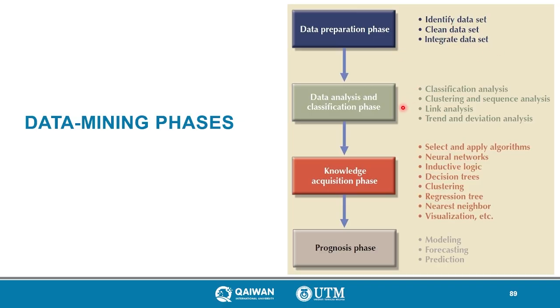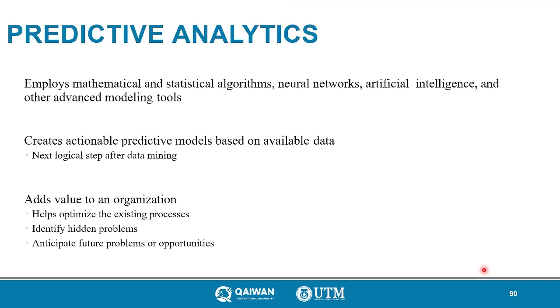Now, data analysis and classification phase would be classification analysis and clustering, sequence analysis, link analysis, and trend and deviation analysis. Knowledge would be select and apply algorithm, neural network, decision tree, inductive logic, clustering, regression tree, nearest neighbor, visualization, and etc. Now, at the last would be modeling, forecasting, and eventually prediction.